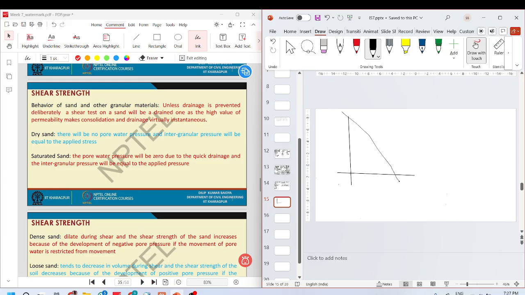Will shear also take place due to tension, or only compressive loads? Tensile loads also make shear, but we don't talk about tensile loads in soils because soils don't have tensile strength.